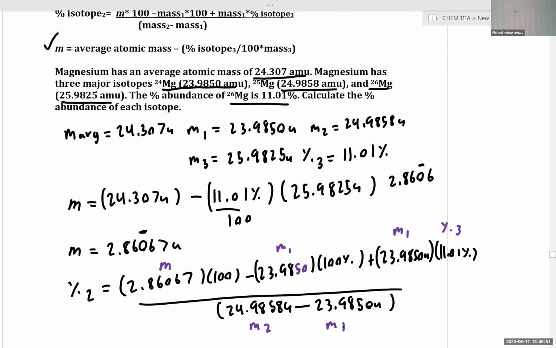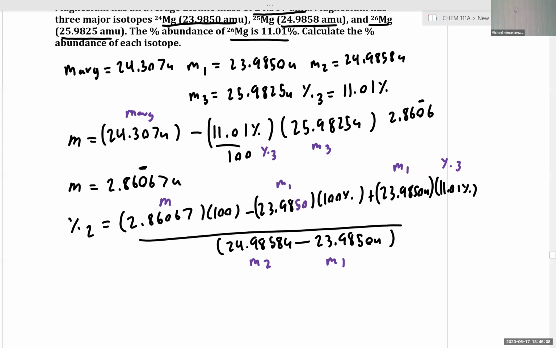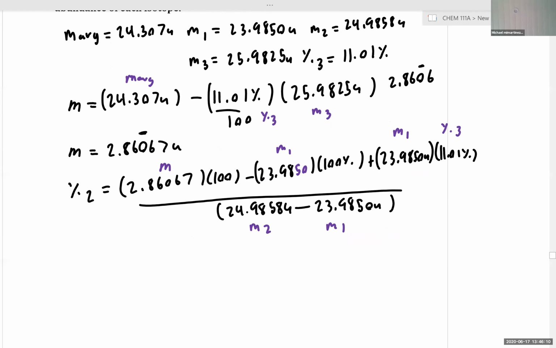Just mapping on our variables. Just like above, here we have the average atomic mass, the percentage of isotope 3 and the mass of isotope 3. So now let's punch this into our calculator.